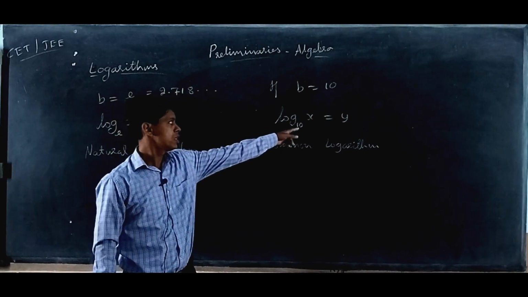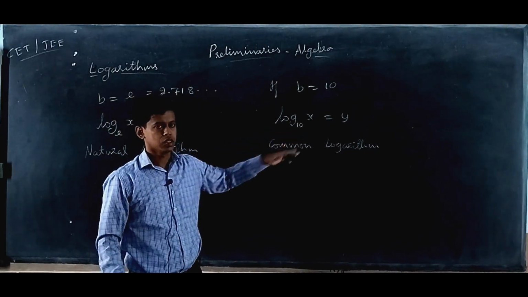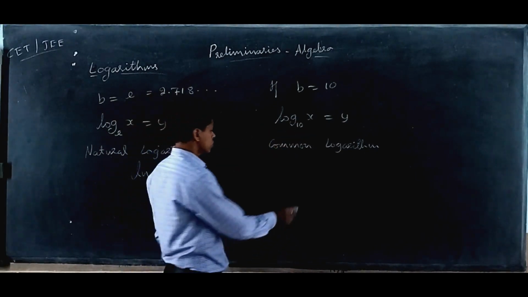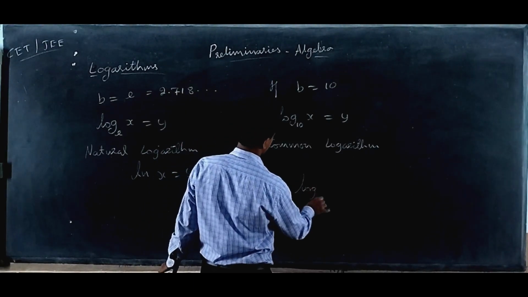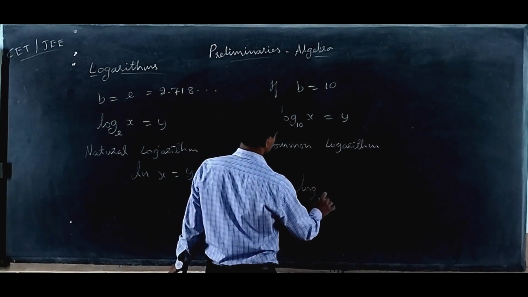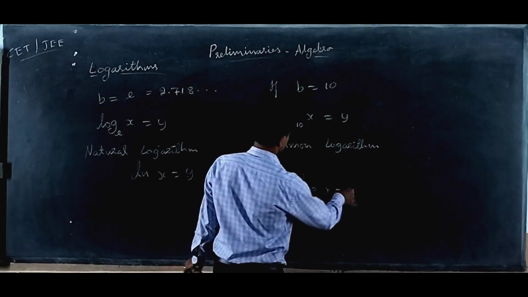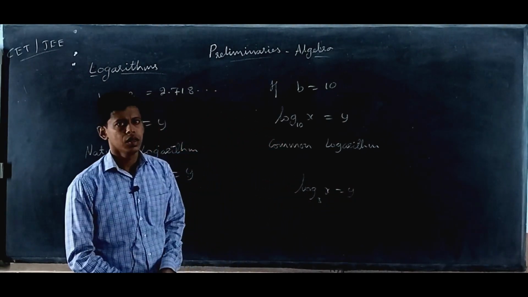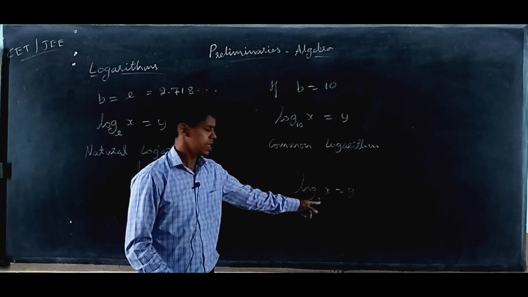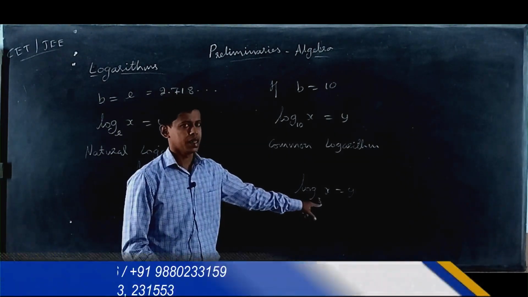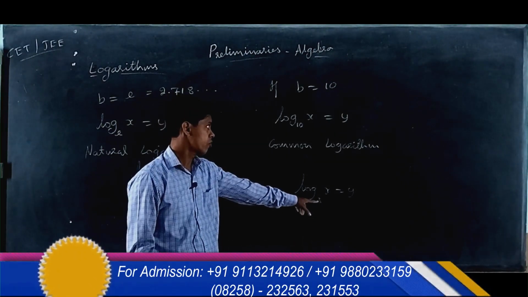So that must be mentioned. Besides these two, you have infinite bases. You can have 2, you can have 3, whatever. Any real number you can have there, and it must be greater than 1.